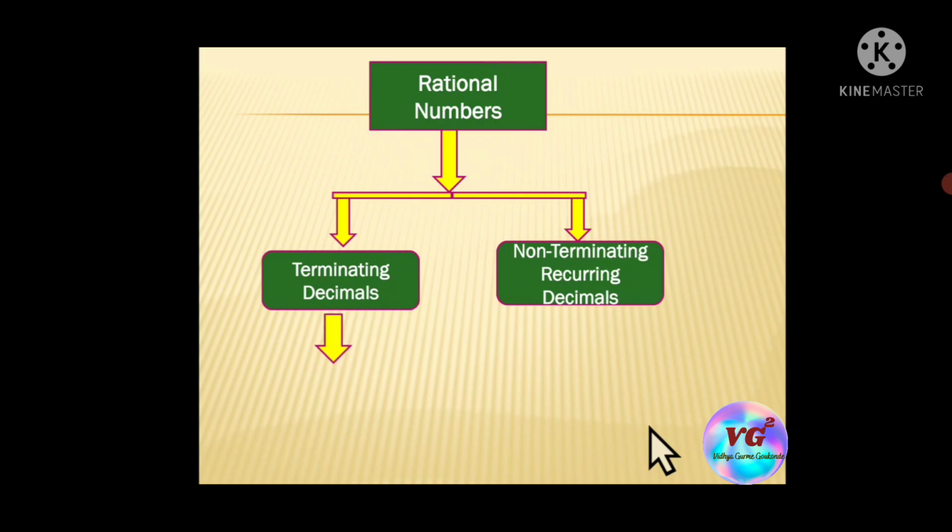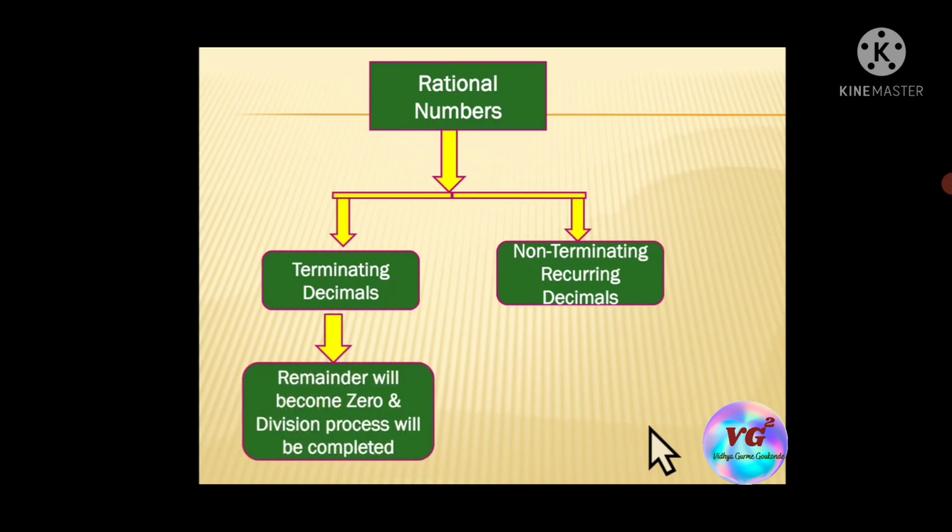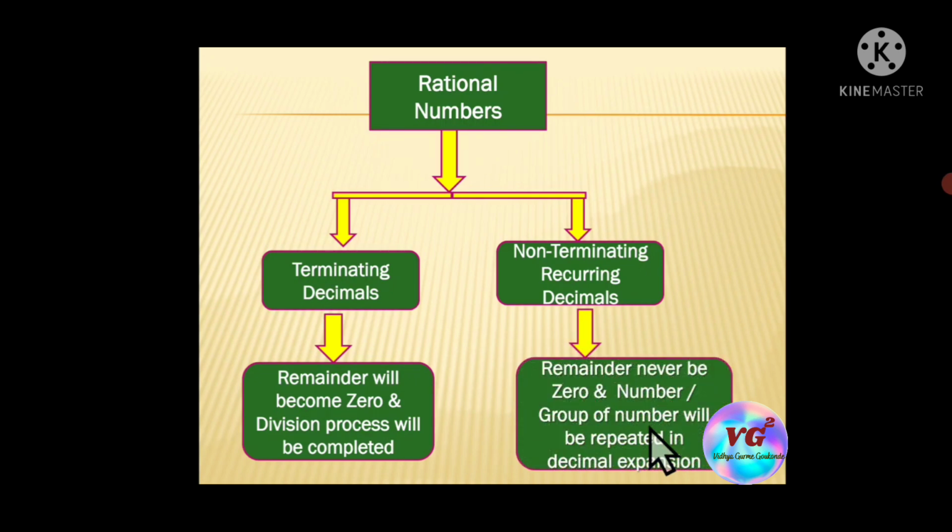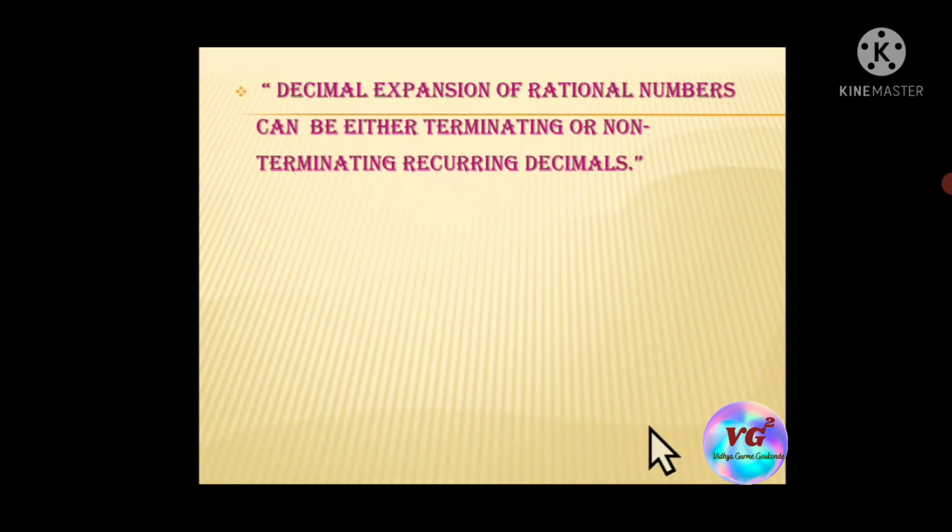Terminating decimals means where remainder will become 0 and division process will be completed, and non-terminating decimal means remainder never becomes 0 and a number or group of numbers will be repeating in decimal expansion. So we can say that decimal expansion of rational numbers can be either terminating or non-terminating recurring decimals.